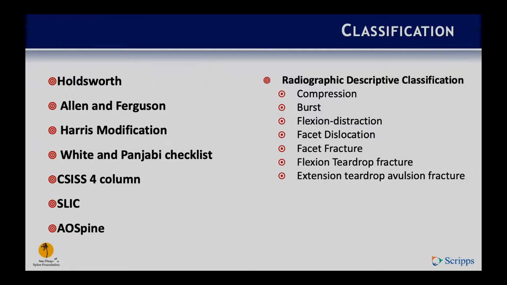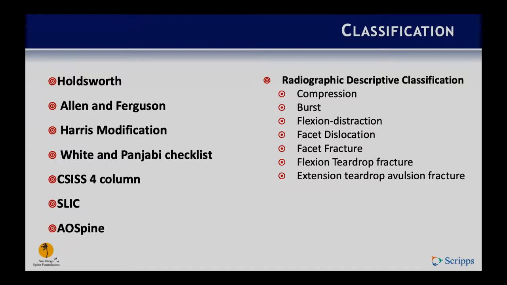Throughout recent times, there have been many attempts at classifying these to help guide our treatment and provide a basis for communication between surgeons and treating physicians, from Holdsworth, Allen, and Ferguson, then modified by Harris, the White and Punjabi checklist, the four-column, and then what I will get into a little more today, the SLIC and the AO Spine classifications.